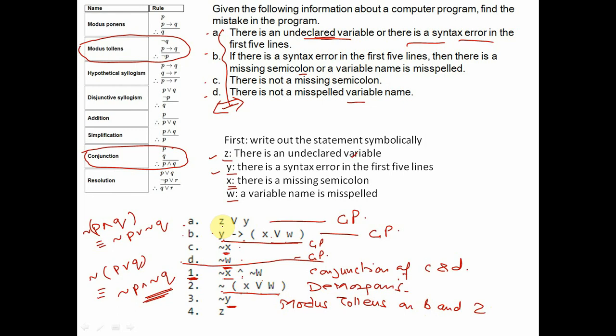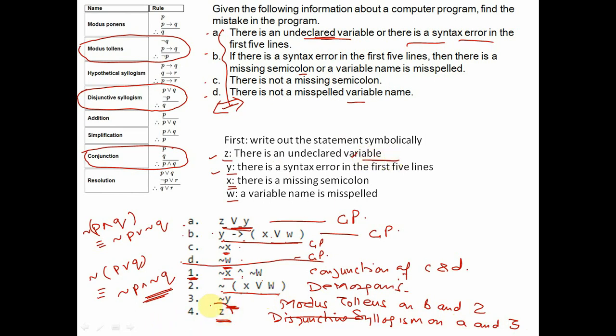Now I have Z or Y as a given premise, and I have negation of Y as a derived premise. So I can apply disjunctive syllogism on A and 3 to come up to the conclusion Z. Z says there is an undeclared variable.